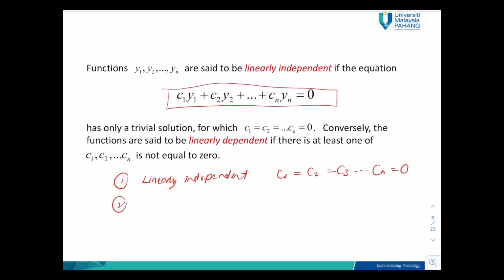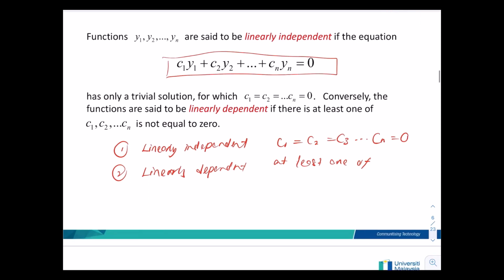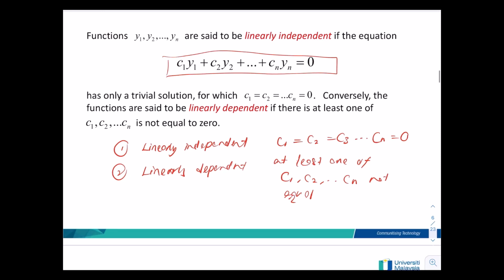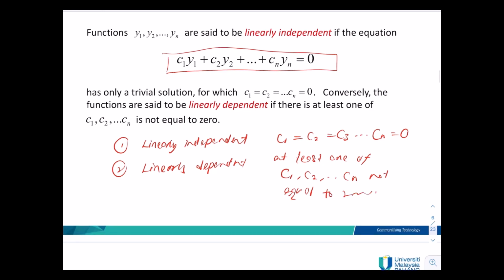But it is called linearly dependent if at least one of c1, c2 until cn is not equal to 0.